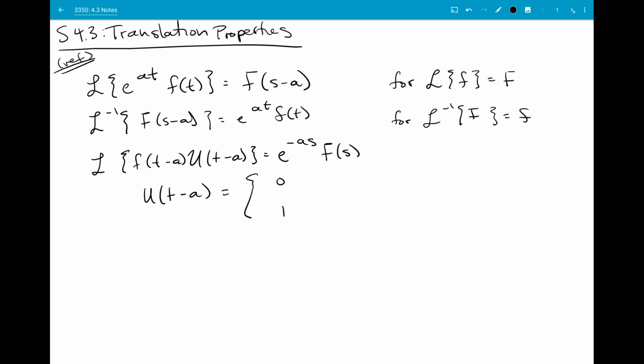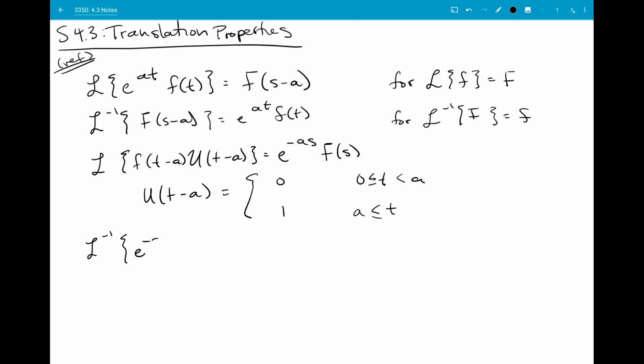And we'll talk more about that later, but for now, just write in your notes that it means that it's a function that's 0 whenever t is less than a, and then it's 1 whenever t is bigger than a. Actually, I think we'll do it this way, where the equality is on the one side. It doesn't actually matter which of those two things it is. And of course, the inverse is true.